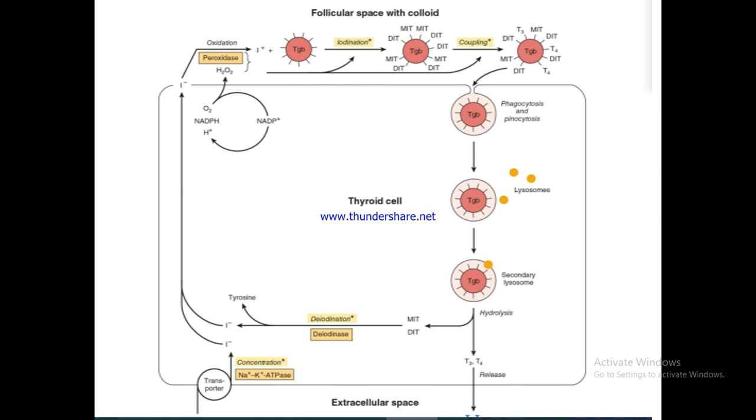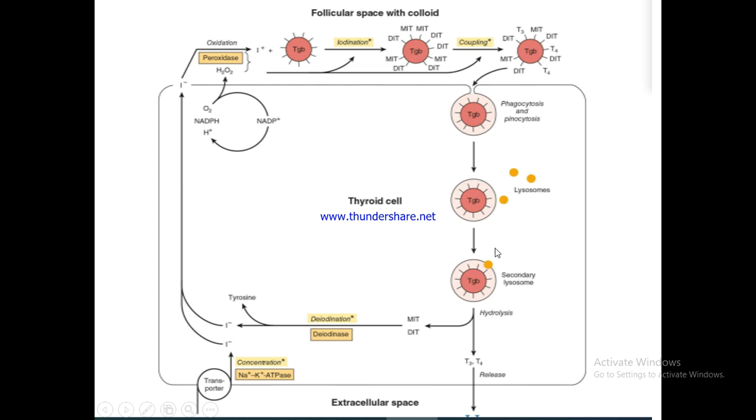carried by the thyroglobulin molecule undergo the process of coupling, and in the process of coupling these monoiodotyrosine and diiodotyrosine units are combined to form triiodothyronine molecules or tetraiodothyronine molecules.